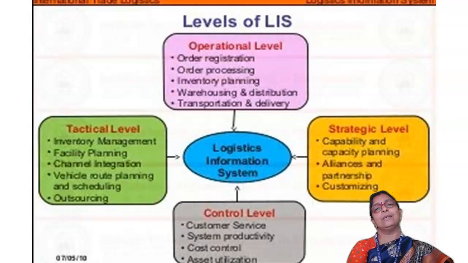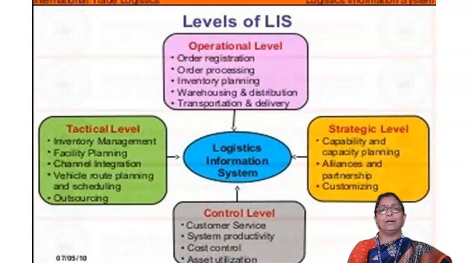What are the various areas where we can plan our strategic decisions in the logistics information system? Capability and capacity planning. The vision and mission, or even the goals of a business, influence the capacity and capability planning of our LIS, that is our logistics information system. The logistics objectives should be in line with the objectives of the main business.